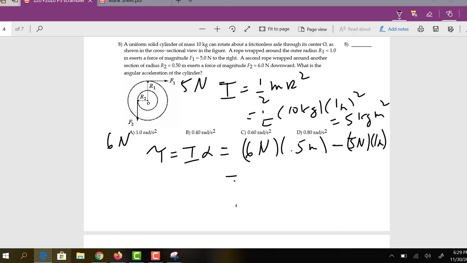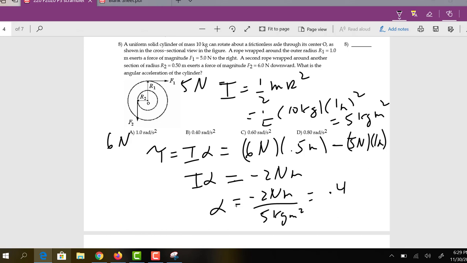So you see this is 3 newton meters minus 5 newton meters, so minus 2 newton meters is I times alpha. So this is a rotational version of Newton's second law. So then alpha is minus 2 newton meters divided by I, which we already found, 5 kilogram meters squared. So 0.4 radians per second squared. Technically, it's negative. They must mean what is the magnitude of the angular acceleration.